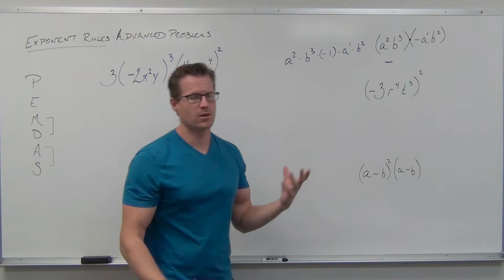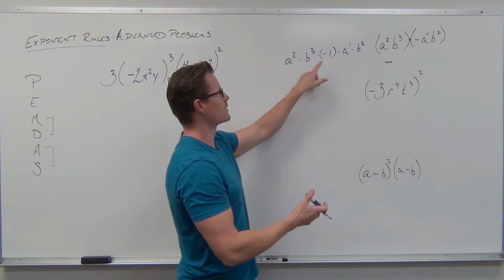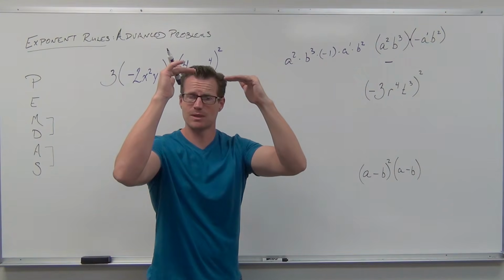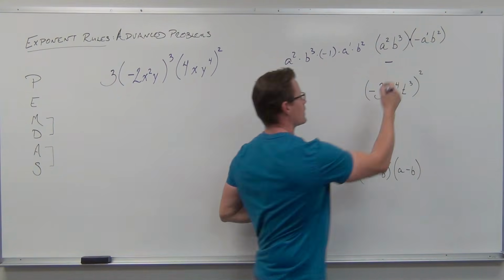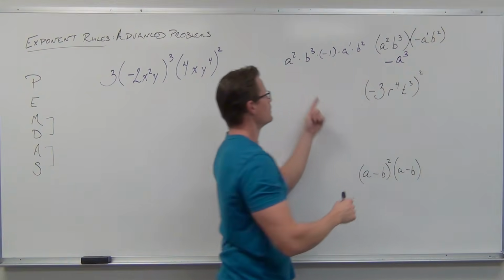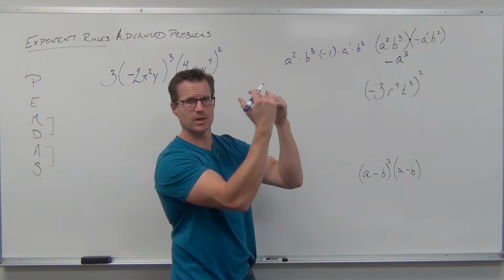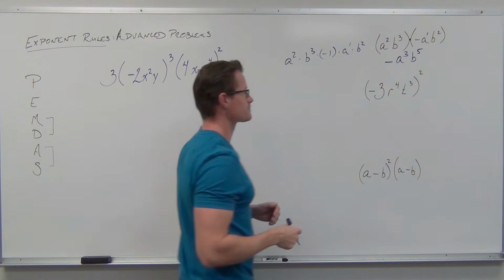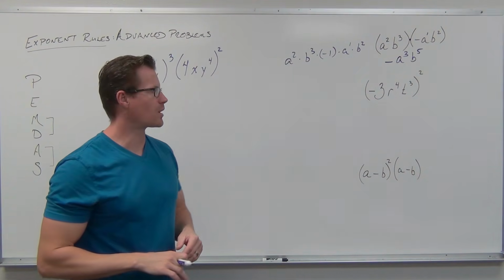If you need to do that, go ahead and do that. Everything's multiplied together, but we notice -1, we have A squared times A to the first. I'm seeing multiplication, I'm going to add one level below. B cubed times B squared, I'm seeing multiplication, I'm going to add B to the 5th. That's it. There's no more that we can do on that problem.